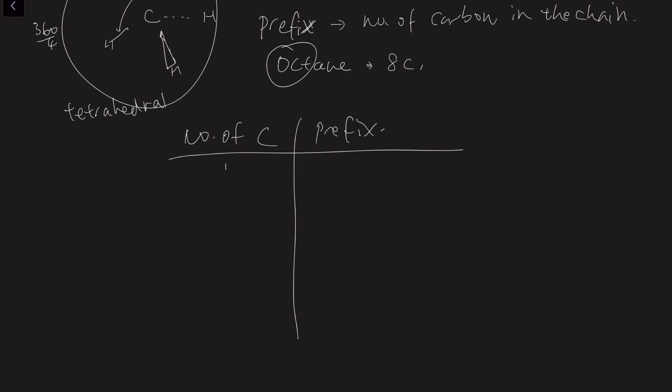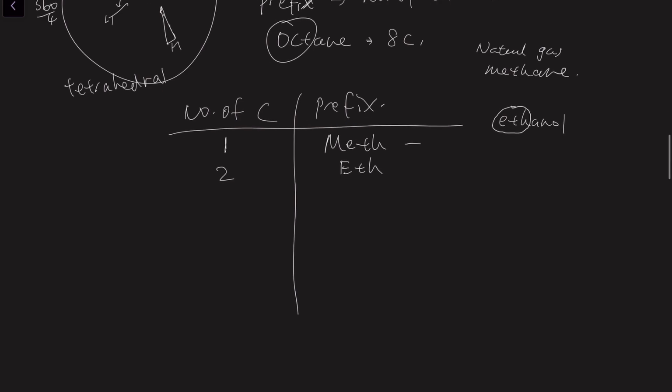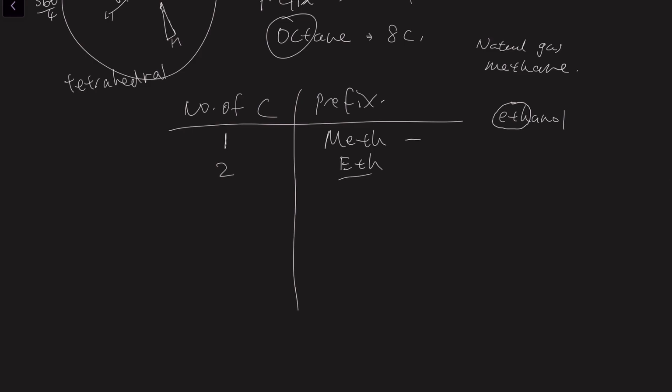When you have only 1 carbon, as in natural gas, it's called methane, so the prefix is just METH. When you have 2 carbons, it's ETH. For alcohol, it's called ethanol, because alcohol we know has 2 carbons, so it starts with ETH.